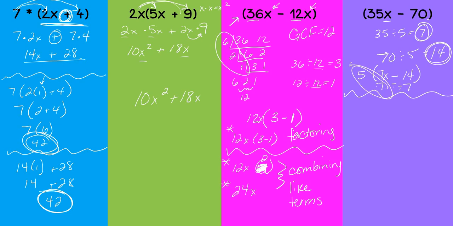So in this case, 35 would be my greatest common factor. And when I did 7 divided by 7, I'd be left with 1x. I could even just put x. And then when I have 14 divided by 7, I'm left with 2. And now I have 35 times the quantity 1x minus 2.